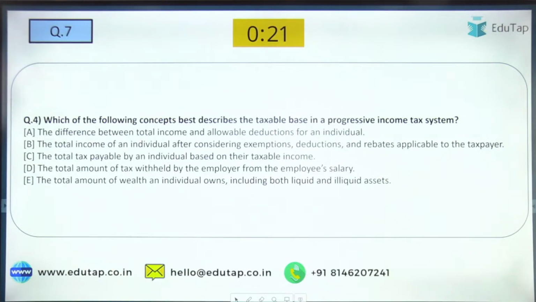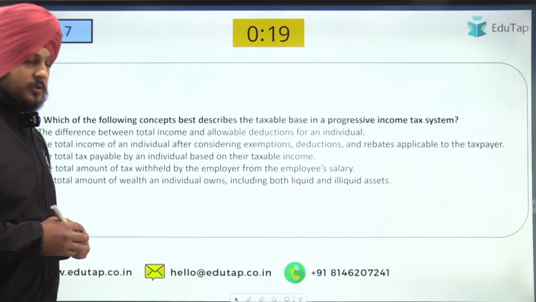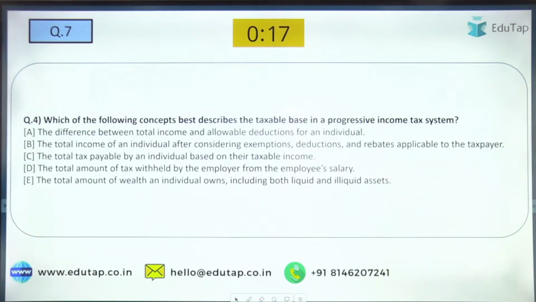The first option is the difference between total income and allowable deductions of an individual. Then, the total income of an individual after considering different exemptions to the taxpayer. Now, read the third option also. The total tax payable by the individual based on the taxable income, and after that, the total amount of tax withheld by the employer from the employee's salary. So mark your answers.